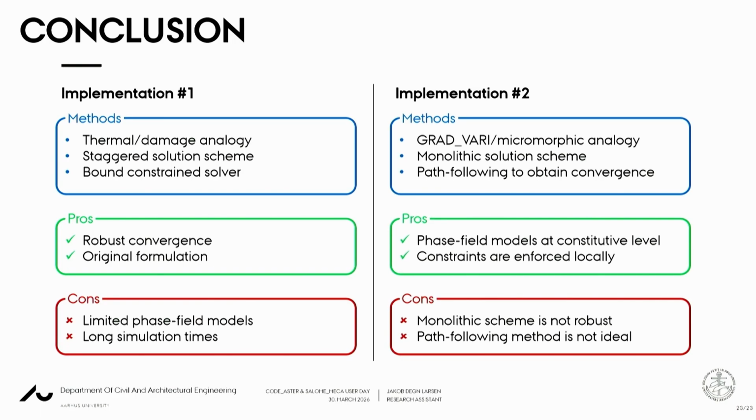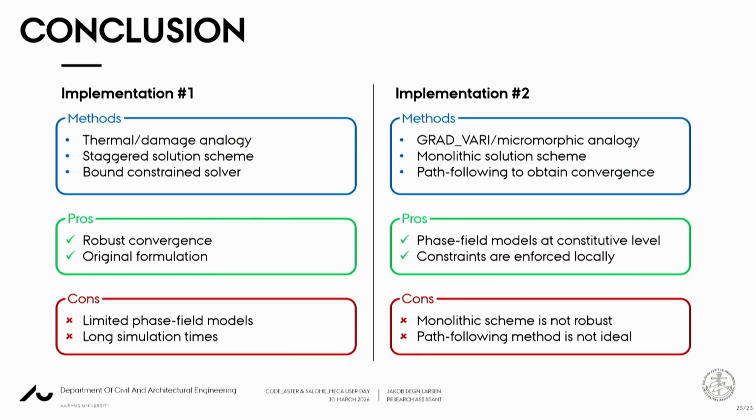The second implementation method used this grad vary micromorphic analogy in combination with a monolithic solution scheme used with the path following method so that we could get convergence. The advantage of this method is that the phase field model is at a constitutive level, so we can basically implement new phase field models not by changing the governing equations, but by changing the constitutive relationship.